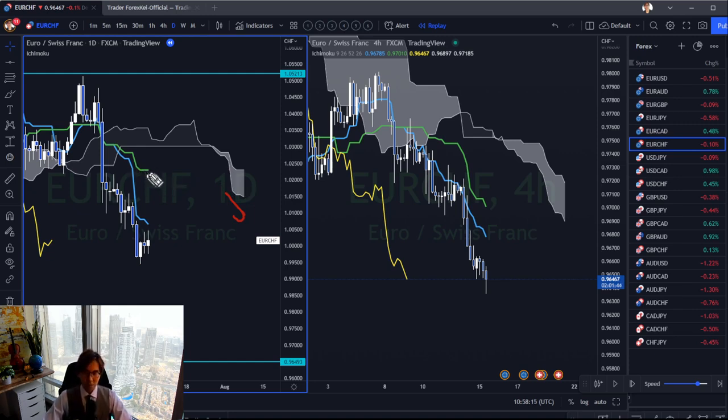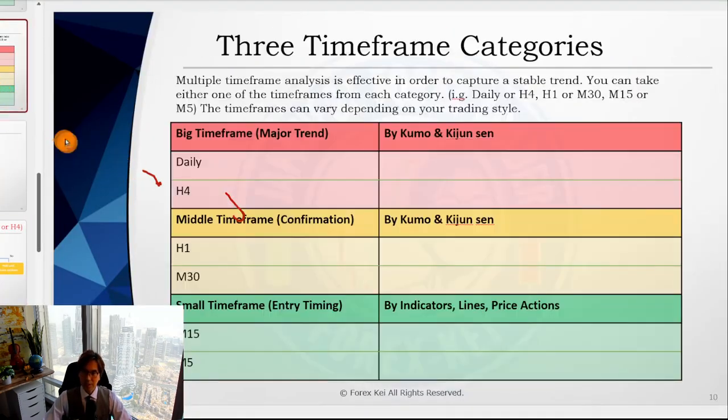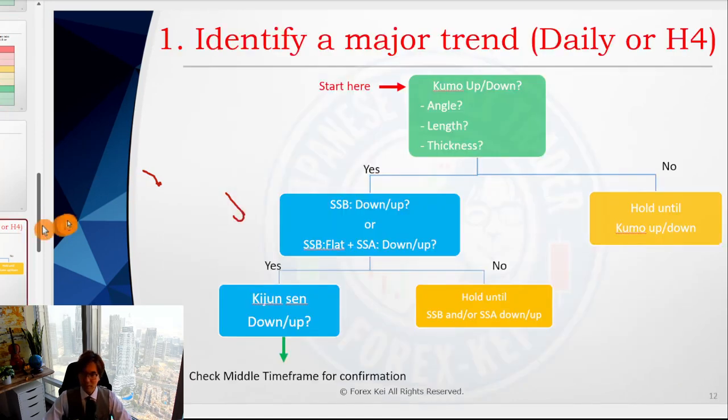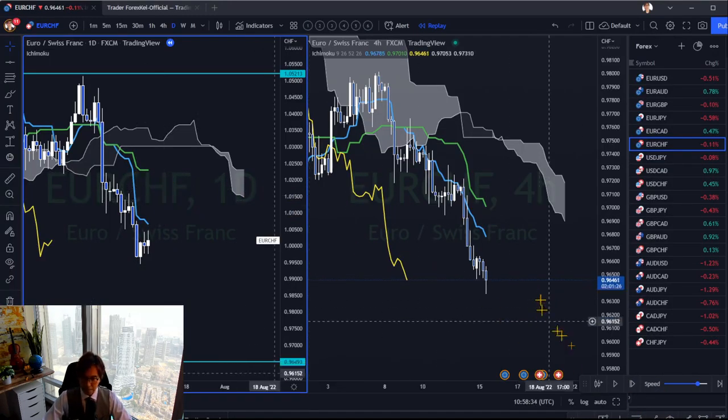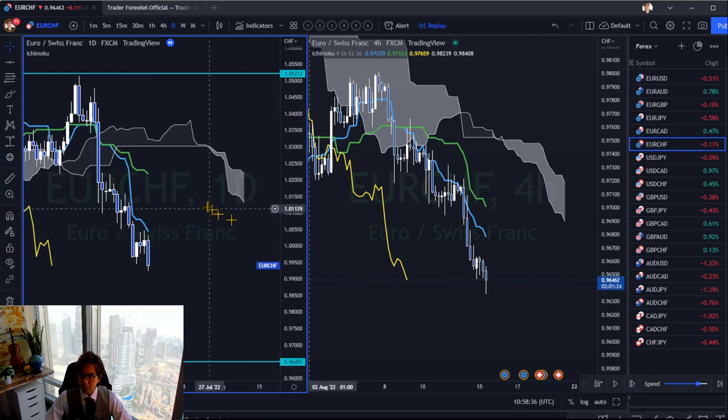So we better wait for the Kijun Sen angle to go down to the 1 hour 30 to confirm downtrend. So at this stage right now, still Kijun Sen flat. So I would wait until Kijun Sen angles down on the daily time frame, which is over here.